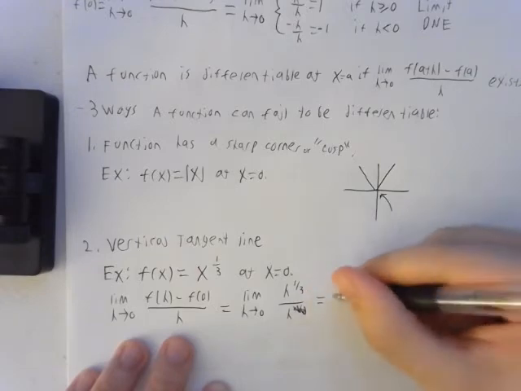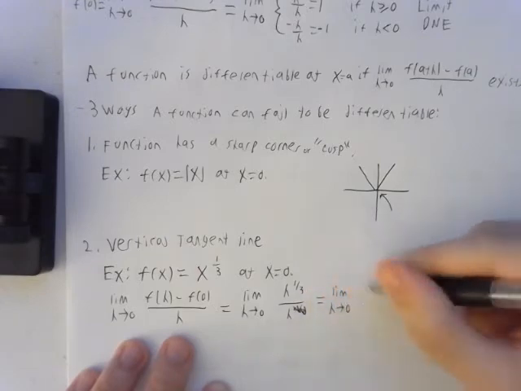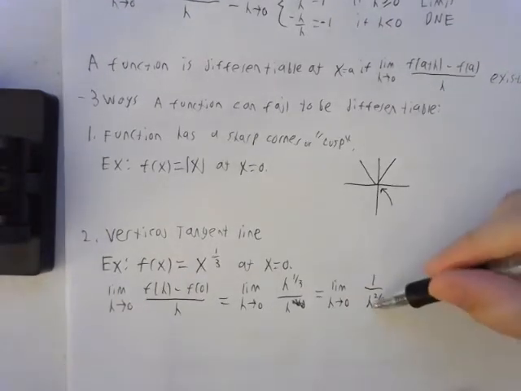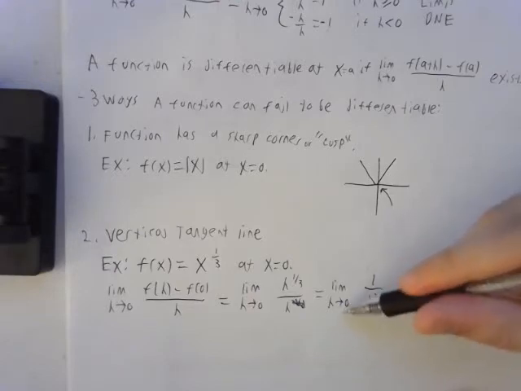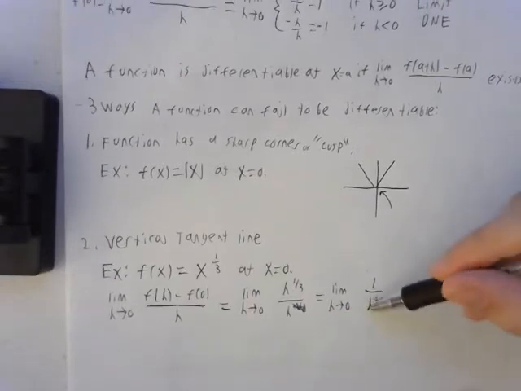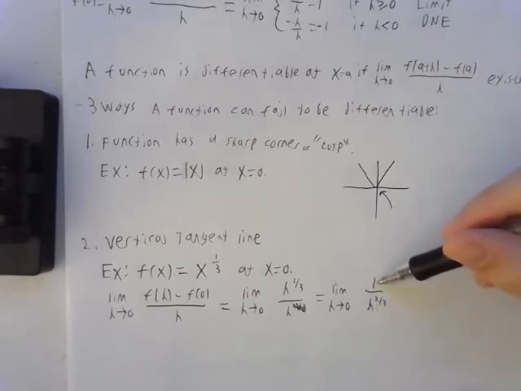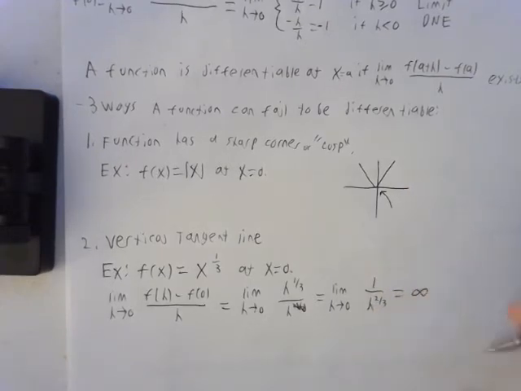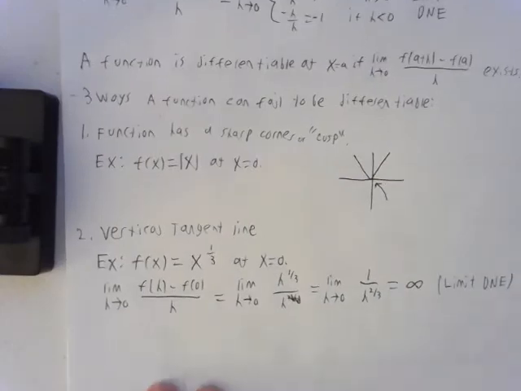And then when you simplify that, you get the limit as h goes to 0 of 1 over h to the 2/3. And so as h goes to 0, because we're squaring it, it doesn't matter if h is positive or negative, so we may as well assume it's positive. So this is some really, really small number near 0. The numerator is like a constant, so as we divide by smaller and smaller numbers, this will approach infinity. So the limit does not exist, and the function is not differentiable.